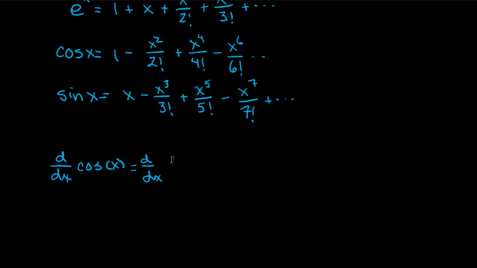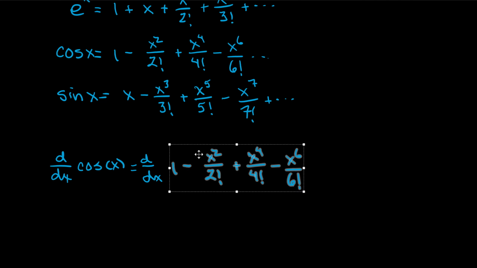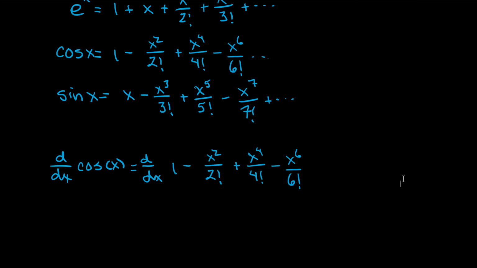We're just going to define that once again as being the 1 minus x squared over 2 factorial plus x to the 6th, on like that. Okay, so how does this work out?